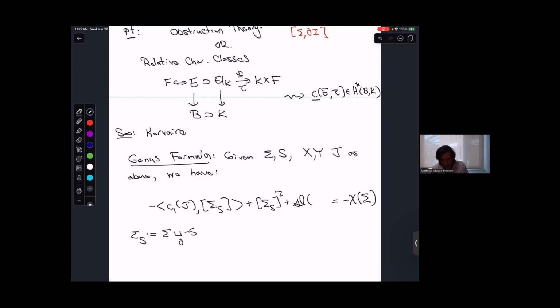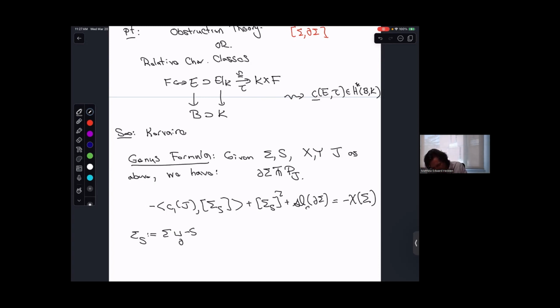Remember that the boundary of sigma was transverse to that plane field that we had on the boundary coming from our almost complex structure. And if you have a curve in a three manifold that's transverse to a plane field, then I can define this self-linking.